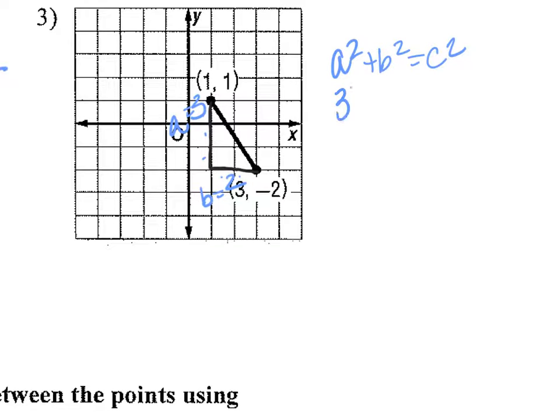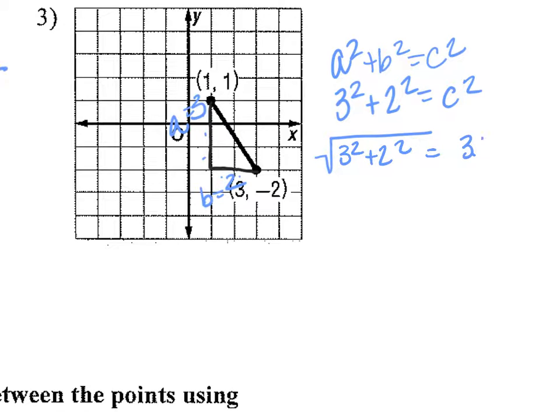I got 3 squared plus 2 squared equals C squared. To save time, what I'm going to do in my calculator, I'm going to do square root, and put this inside of that. Okay, just save a little bit of time. So 3 squared plus 2 squared, and we're going to get 3.6.